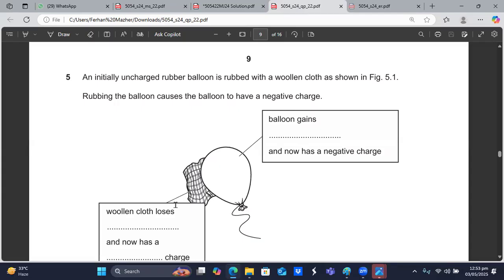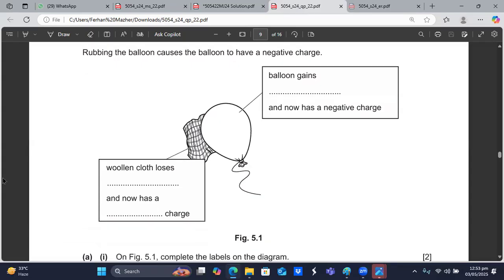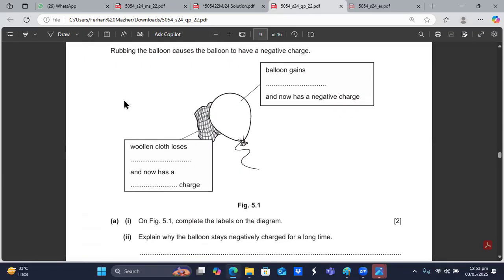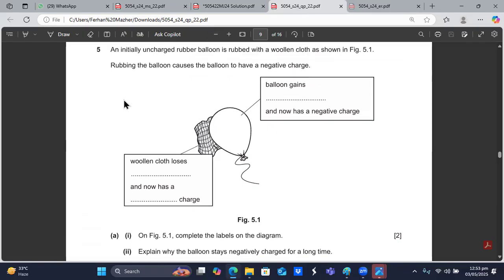The woolen cloth loses electrons and now has a positive charge. Their question is, on figure 5.1, complete the labels on the diagram.